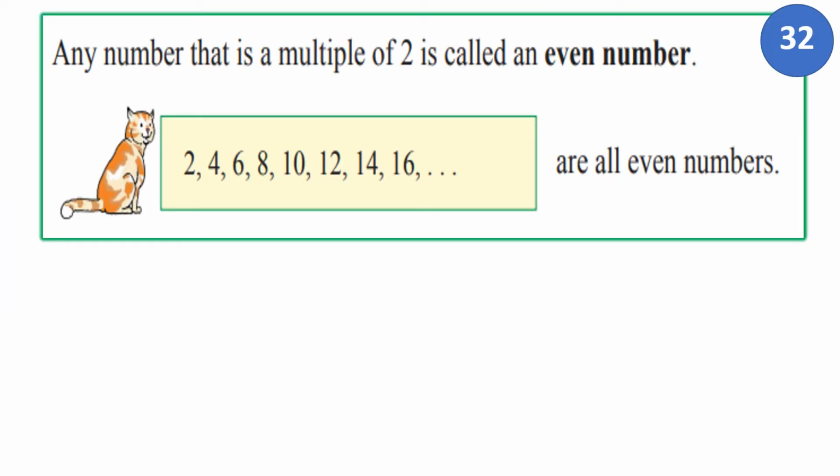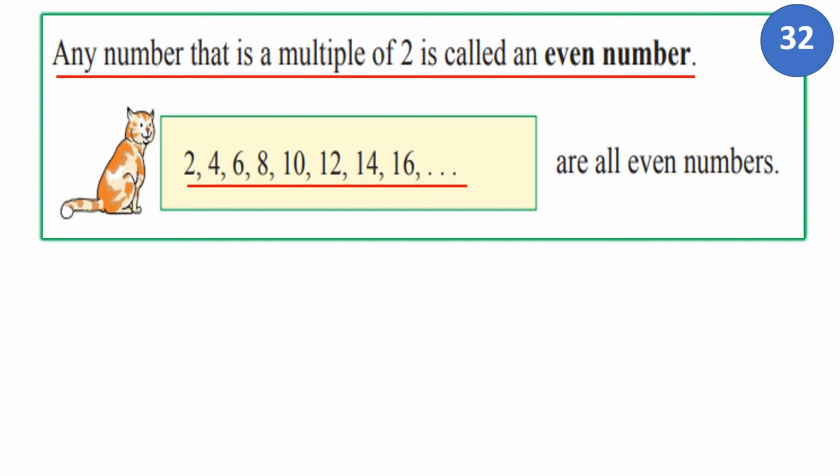Next is any number that is a multiple of 2 is called an even number. 2, 4, 6, 8, 10, 12, 14, 16, and so on are all even numbers.